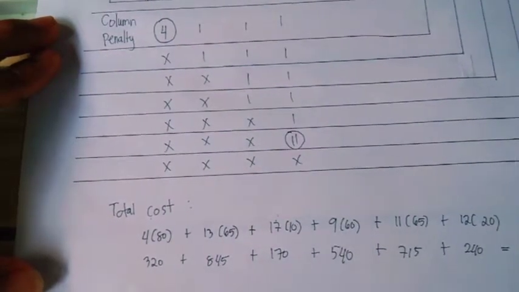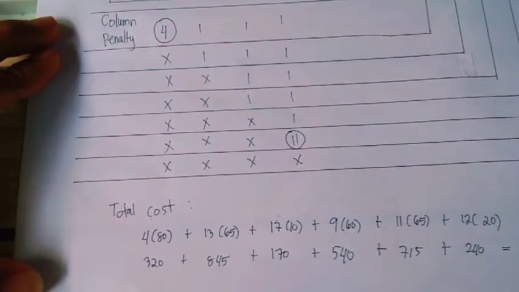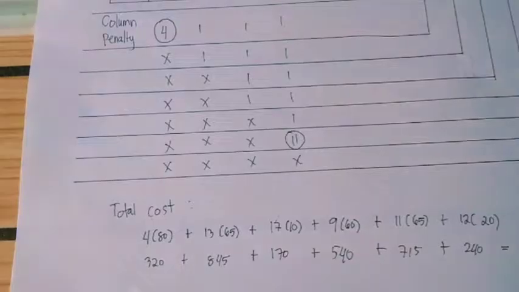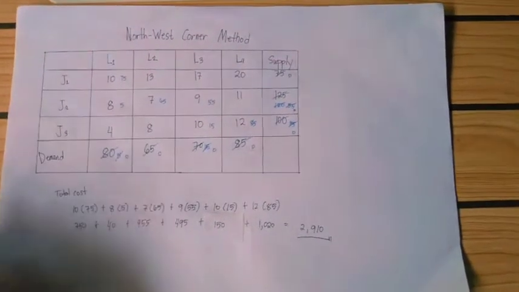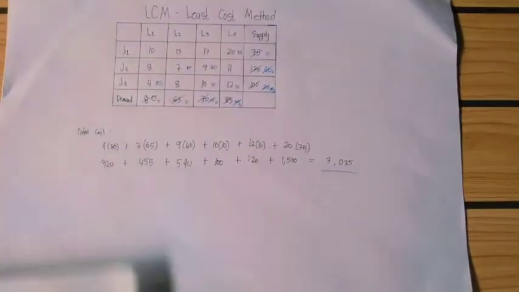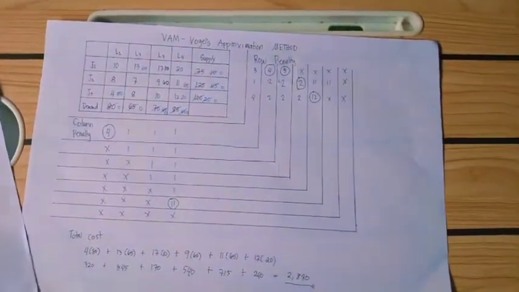So the total cost of our VAM is 2,830. In comparison, the least total cost is the VAM method, or the Vogel's approximation method.